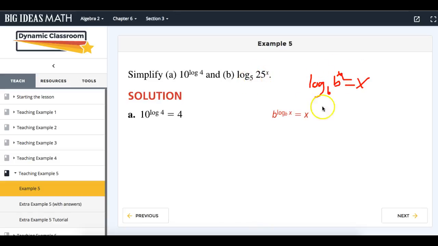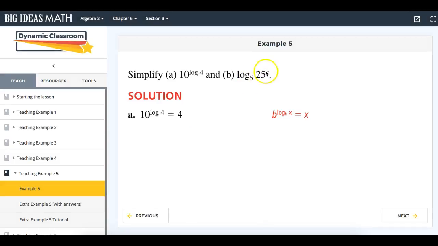In order to use this rule, we need the base of this exponent to be equal to the base of our log. Just because that's not true how it's written, we might be able to rewrite this in a way that we can use this rule. Let's see if we can do that.